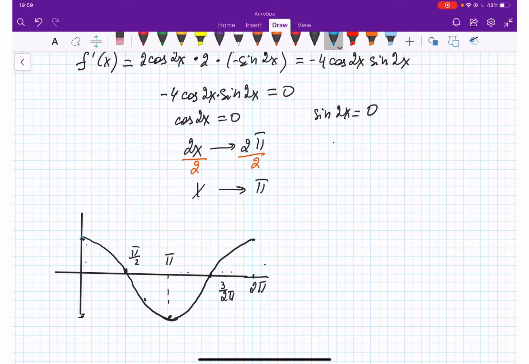So pi over 2 is going to become pi over 4. It's going to come here, and this point will come here. Okay, let me try.